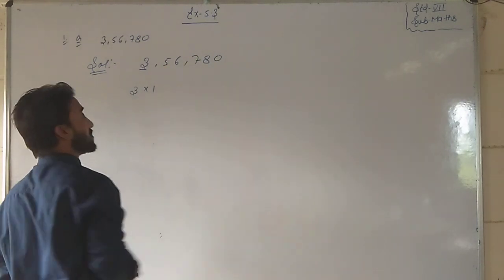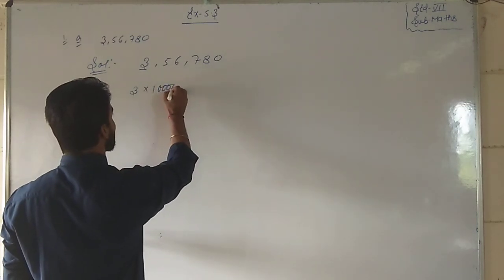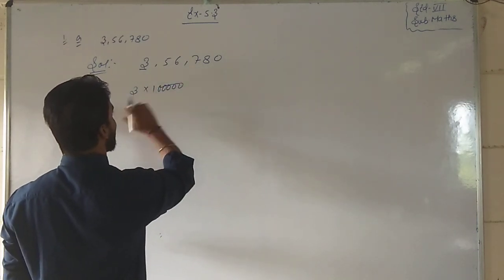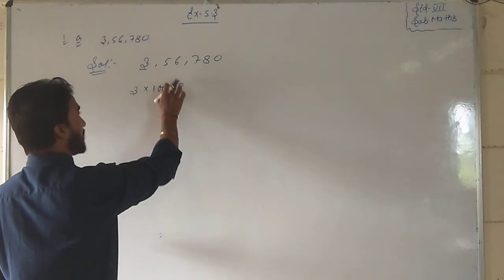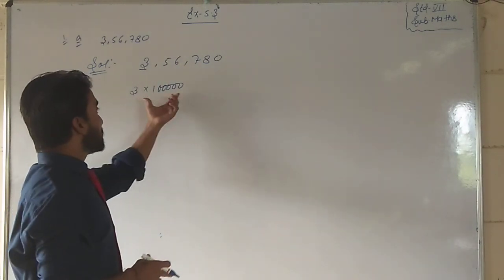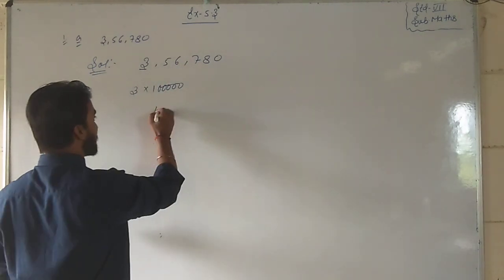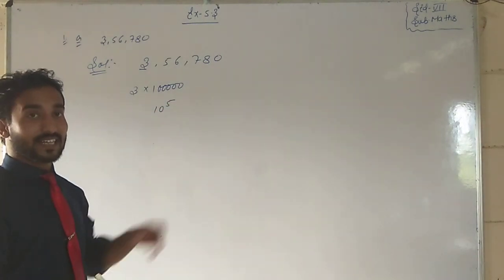How many zeros will there be? 5 zeros, because after 3 there are 5 digits. So can you write this number in the form of 10 to the power 5? Can we write it in exponential form?